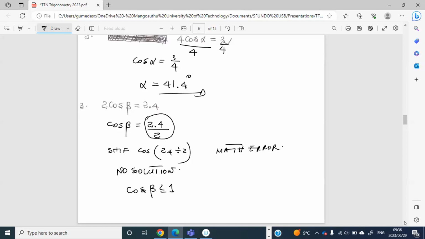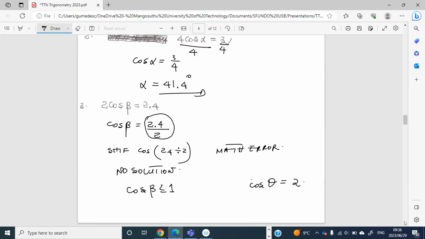So if this number here is bigger than 1, there will be no solution. Even if I just give you an equation and say cos theta is equal to 2, for example, you can quickly look at it and say, no, if the right-hand side here is more than 1, then we'll not have a solution.